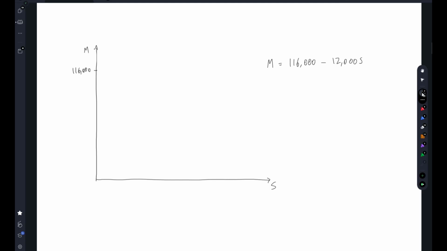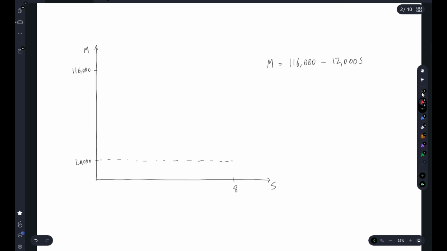Normally, our budget is going to be a downward sloping line all the way down to the horizontal axis, but now that we have that fixed salary, when our manager shirks the entire 8 hours, they're not getting an income of 0, they're getting an income of 20,000 due to our fixed salary. I'm going to mark that 20,000 fixed salary right about there. And this is going to form a kink in our graph.